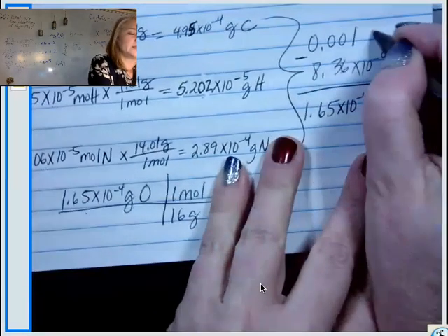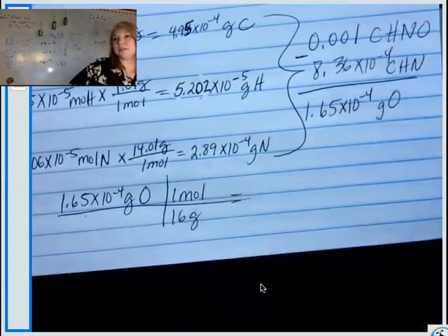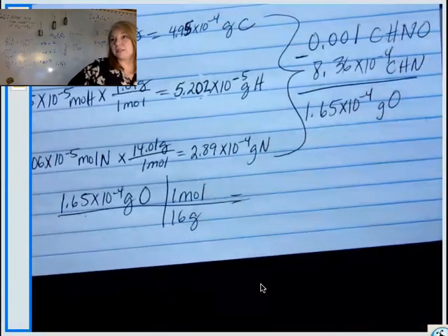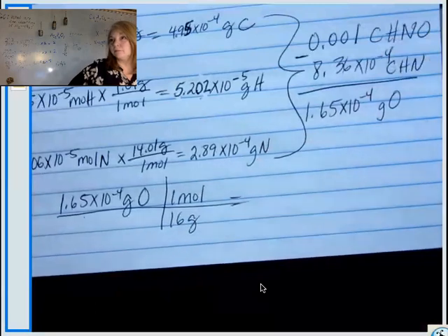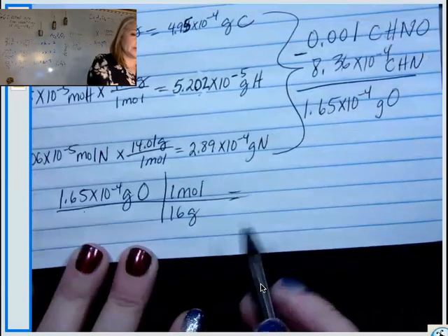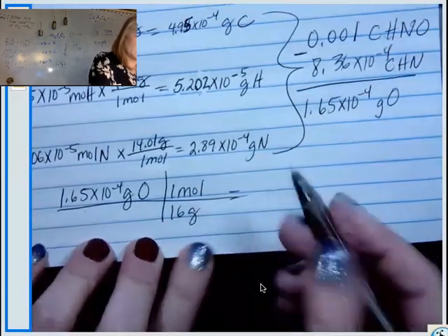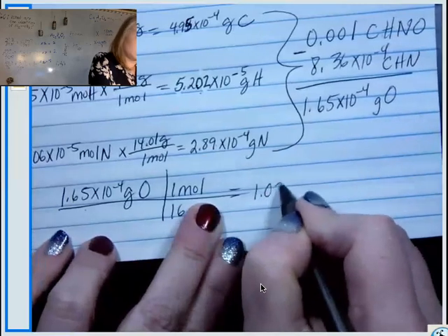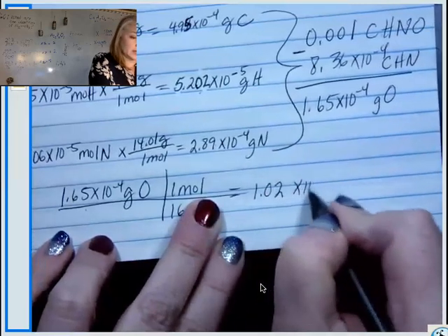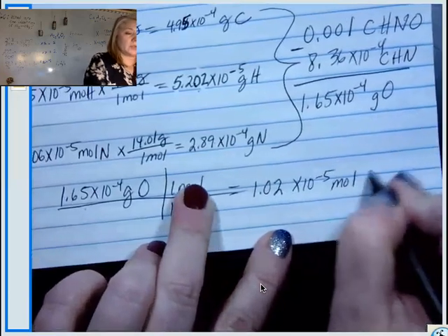We'll go ahead and write C, H, N, and O. That had all 4 pieces in. Subtract 3 of the pieces, and you get the 1. All right, so then let's finish converting this into moles. And when we divide that number by 16, I got 1.02 times 10 to the negative fifth. And that's going to be in moles of oxygen.